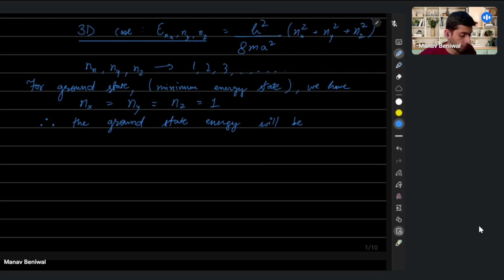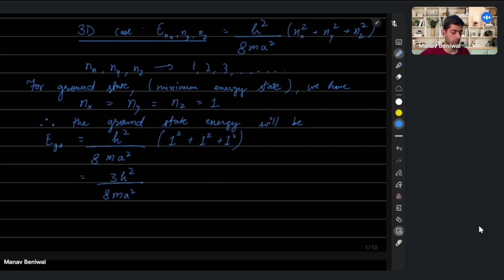The ground state energy EGS will be nothing but h squared over 8 m a squared, and all of them are just 1. So this becomes 3h squared over 8ma squared.